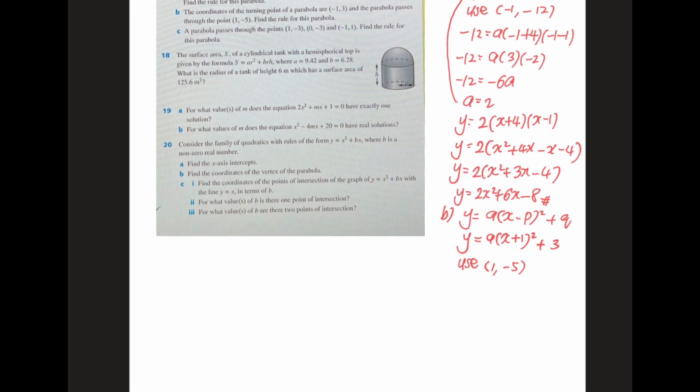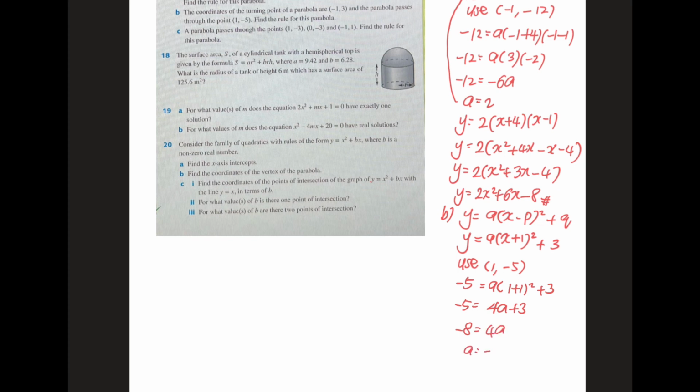Okay. So then we need to find the a also, as it passes through the point 1, minus 5. So we have to substitute into the x and y there. So the x is 1, the y is minus 5. So I put it in this way: minus 5 equals a, 1 plus 1 squared plus 3.